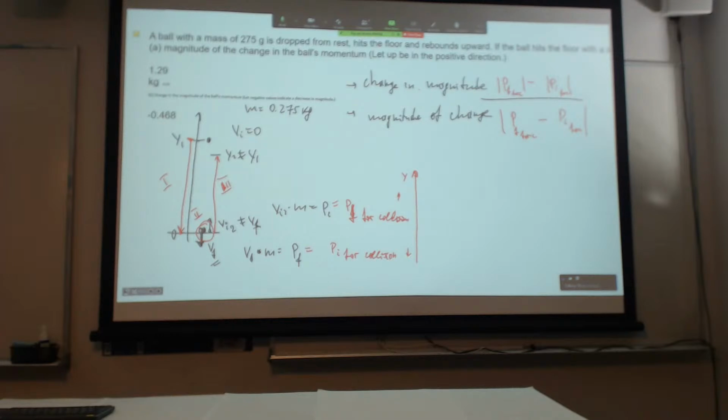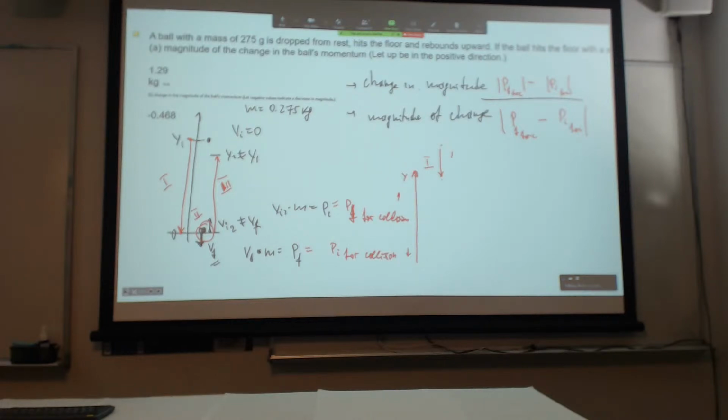Now what do we do? Well, speed. To calculate speed, we have to use other processes. The process number 1 tells you the speed at the bottom.